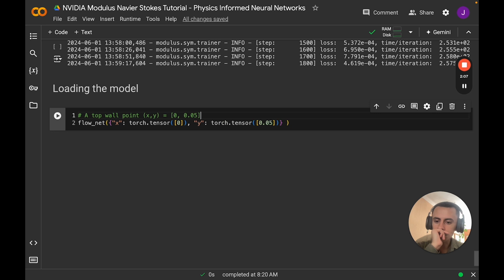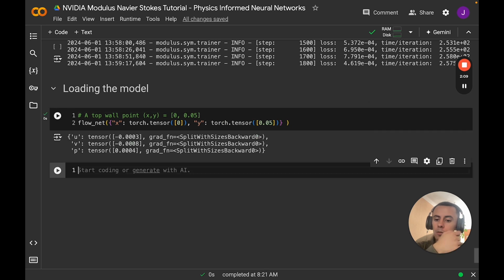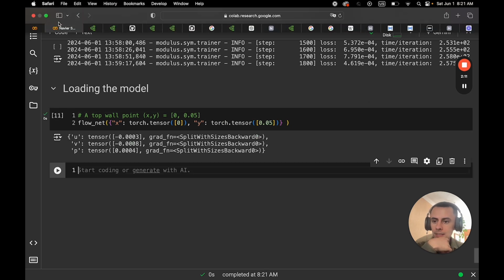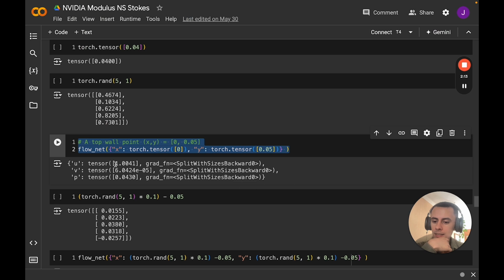What happens if we do this? We get a bunch of nonsense. We didn't get one, right? This is 0 because it's e to the minus 0.5, right? We didn't get 1 and 0 for the velocities we should have, right?